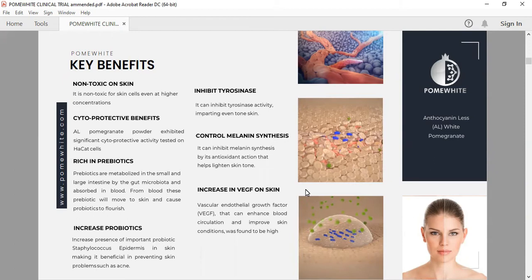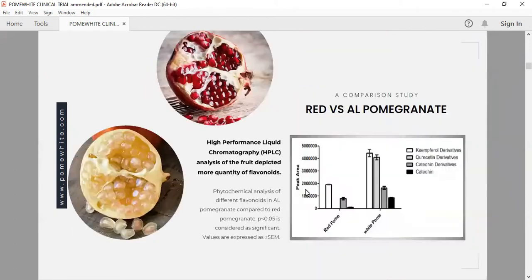Along with acne, some other skin problems could also be diminished, for example, control of melanin synthesis by the inhibition of tyrosinase activity. Then it can increase the VEGF level in the skin. These VEGF levels are very important for skin regeneration and blood circulation. And along with that, inflammation reduction and similar properties could be imparted to the skin.